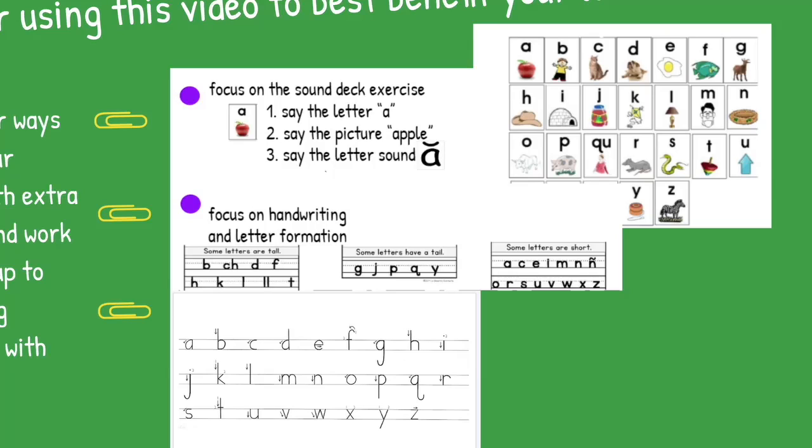So getting to know the alphabet, not only identifying the name of the letter, but the specific visual that goes with the letter. And the reason why we want to really focus on the specific visual is because during these lessons, I will refer to that visual multiple times.